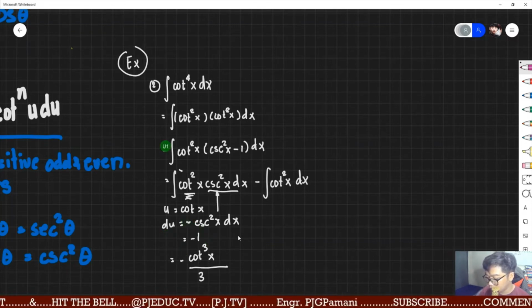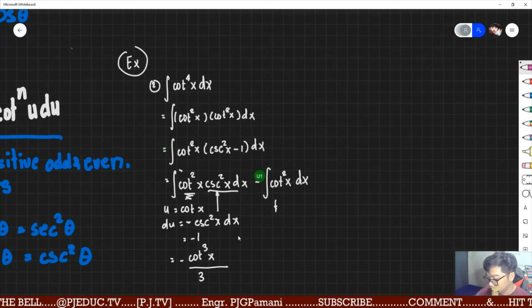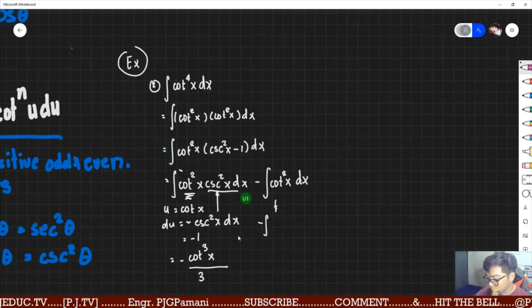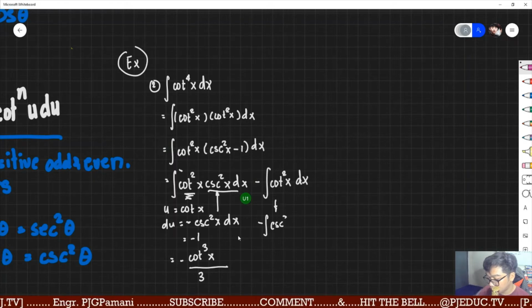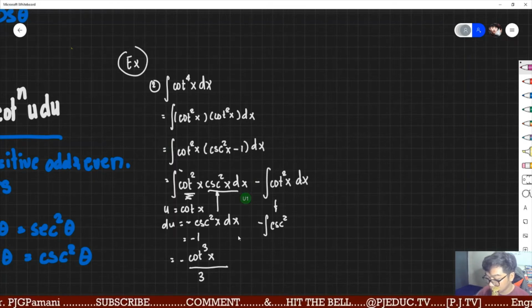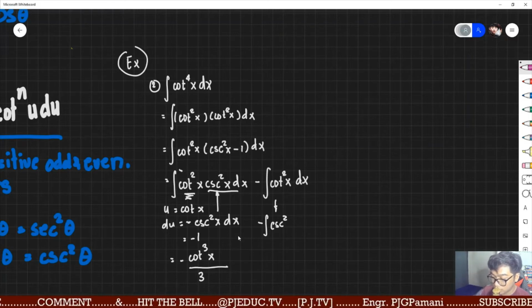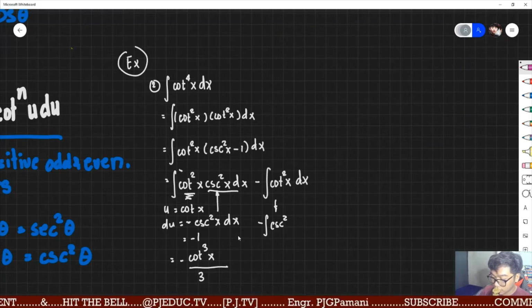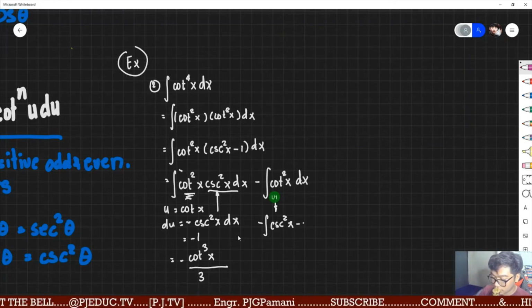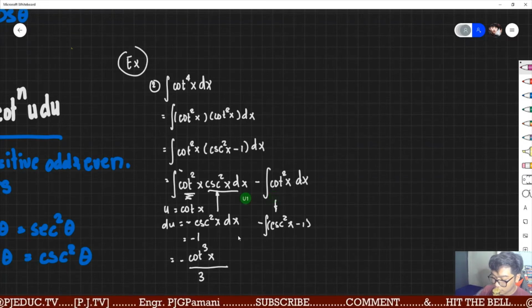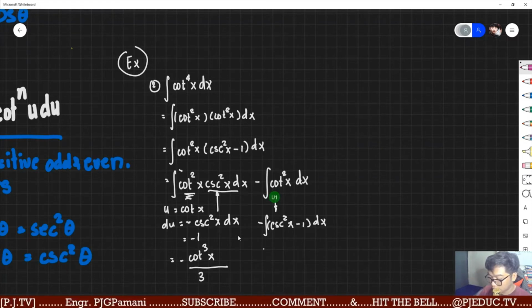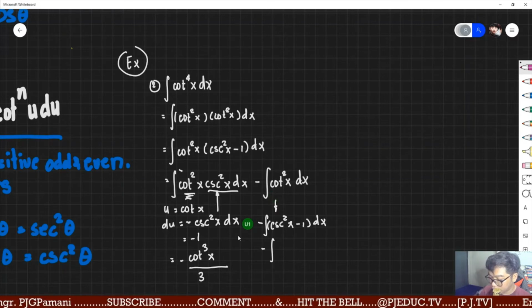So that one is okay. Now for this one, simplify. That is also equal to cosecant squared x minus 1 dx, right? Distribute your antiderivative.